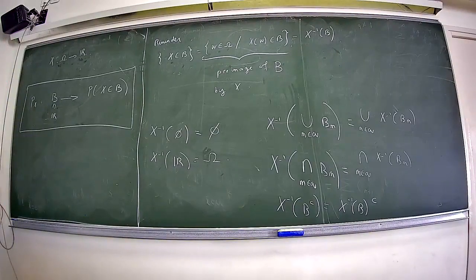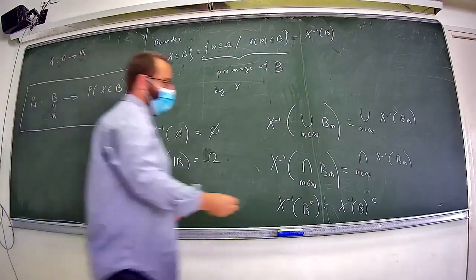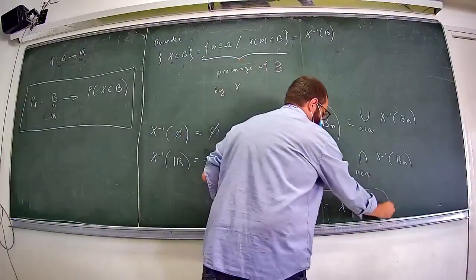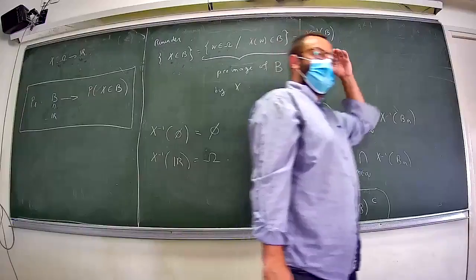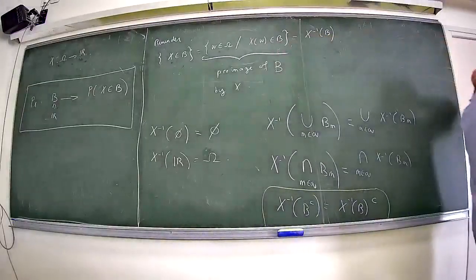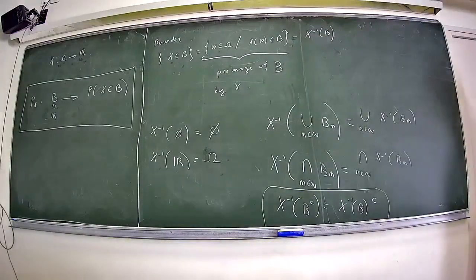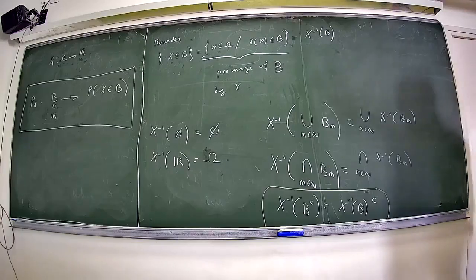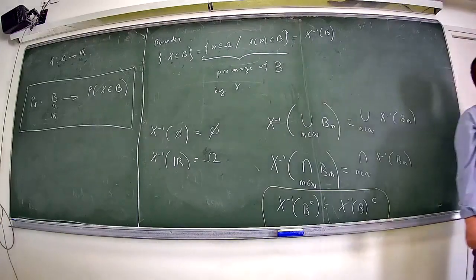Just a little remark concerning the last one I have written here. If you remind the slides I have given to you as prerequisite, I have defined operations on sets, and when I defined the complementary set, I said that be careful because the complementary set of a set depends on my universe.